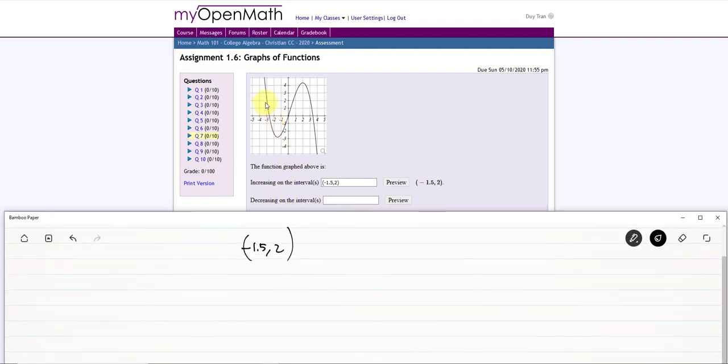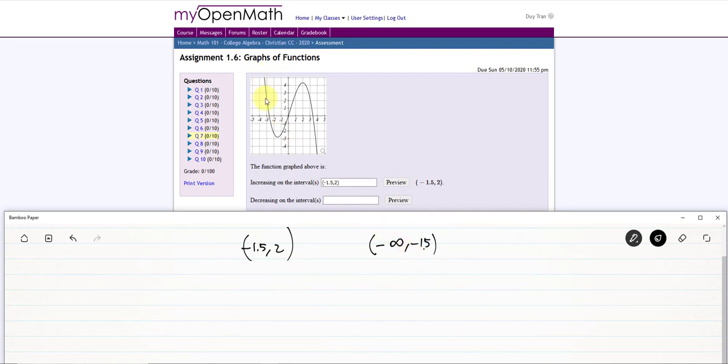Well, we have the function decreasing from here until all the way to here. You know that the function is all the way from the left side, and then it keeps decreasing until this point. So we know that the function extends infinitely to the left side, and that should be negative infinity all the way to the left until minus 1.5.